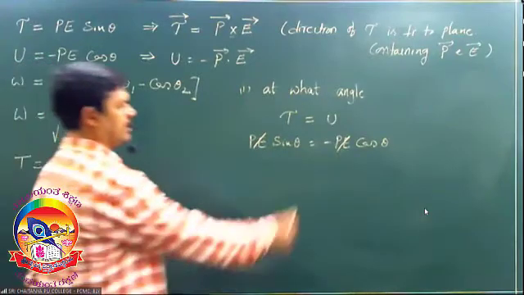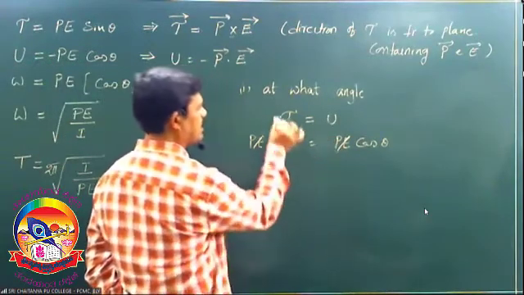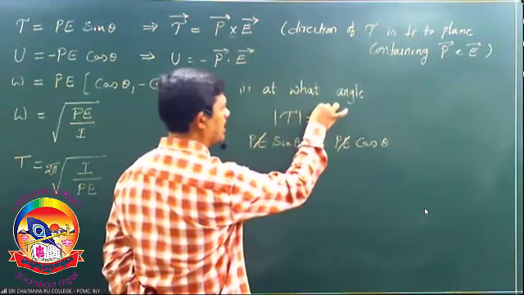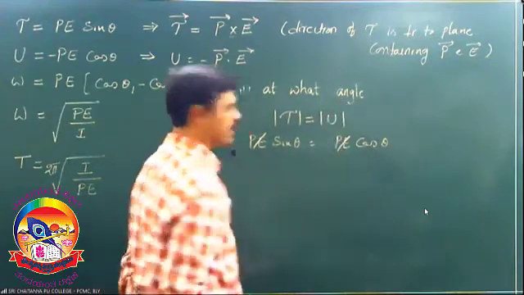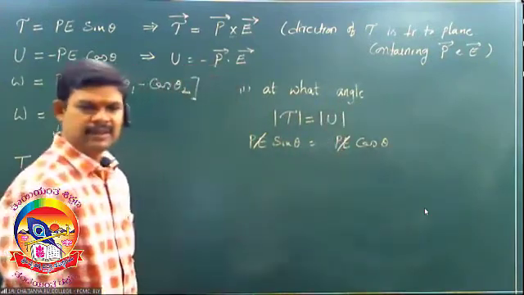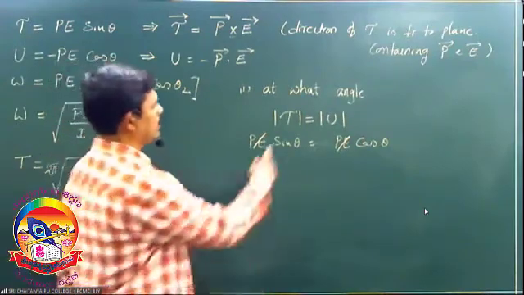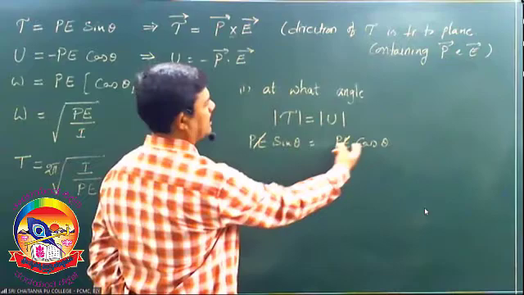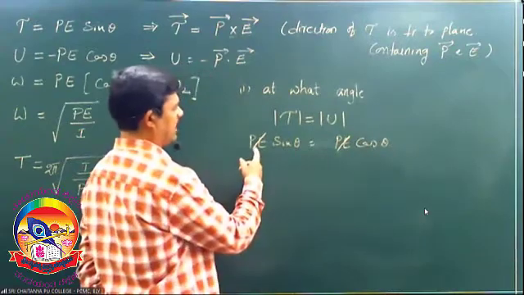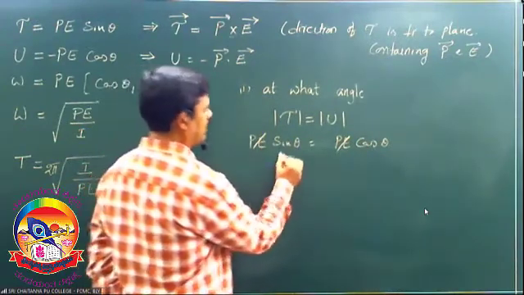Sometimes they ask, and this question was asked in the previous exam, magnitude of torque is equal to magnitude of potential energy. Last Sunday also we asked the question. So magnitude of potential energy, PE cos theta. Magnitude of torque, PE sin theta.